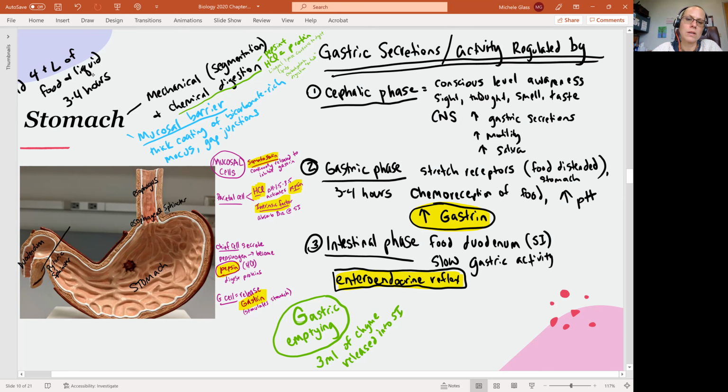But, you know, we also can say, oh, it's going into the duodenum, which is the top layer. And so we'll see that the stomach is completely empty 2 to 4 hours after a meal. Again, depending on the amount of food that you're eating, but also the type of food that you're eating.